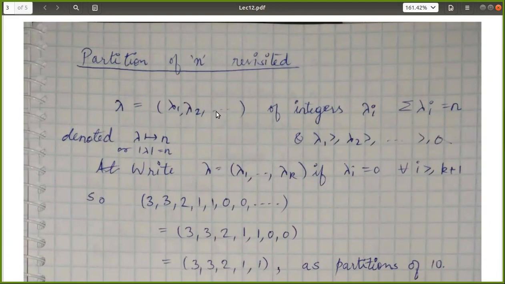And all n pockets can be filled if and only if lambda 1 is equal to 1 and lambda n is equal to 1, which means all n pockets corresponding to a partition of n can be filled if and only if the sequence lambda is 1 1 1 1 1, all ones, n times, right?